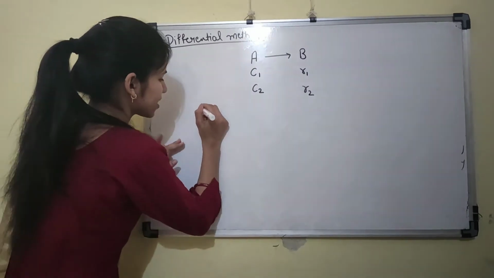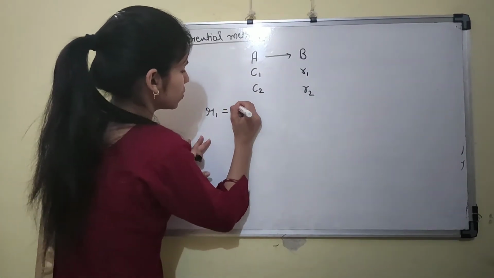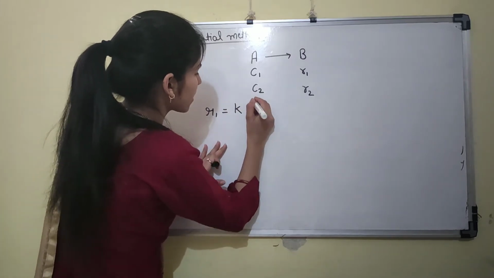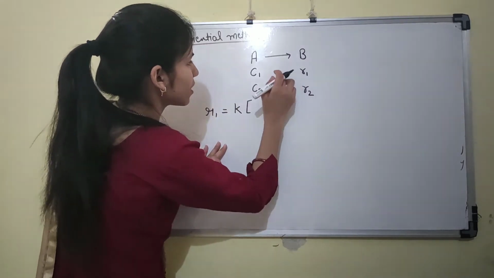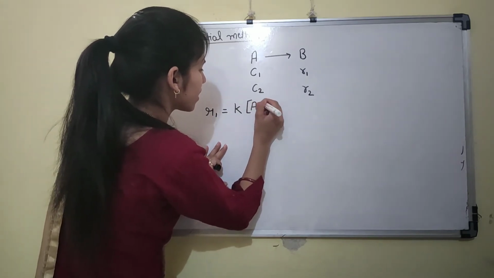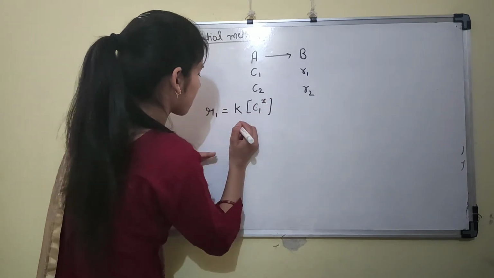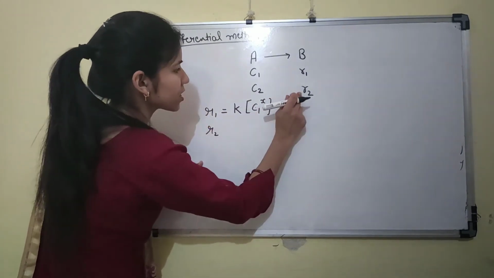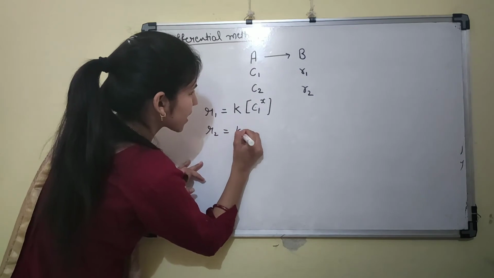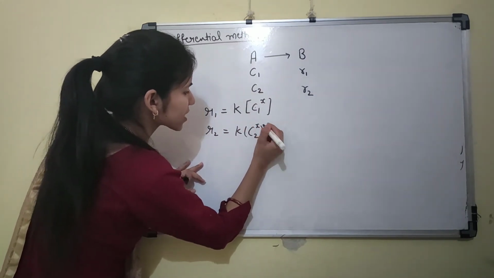So R1 is equal to K into C1 raised to the power x, and R2 is equal to K C2 raised to the power x.